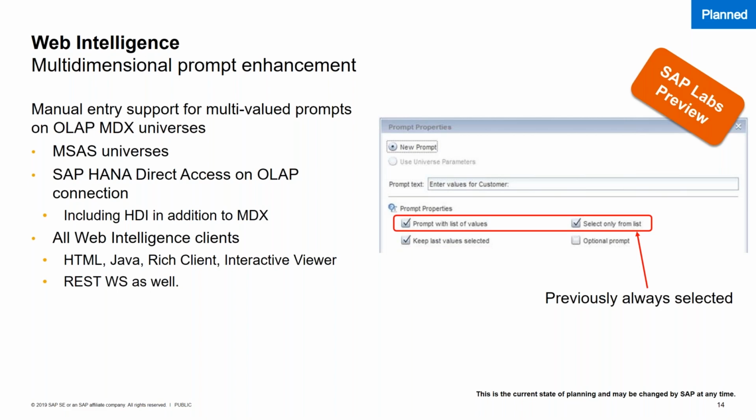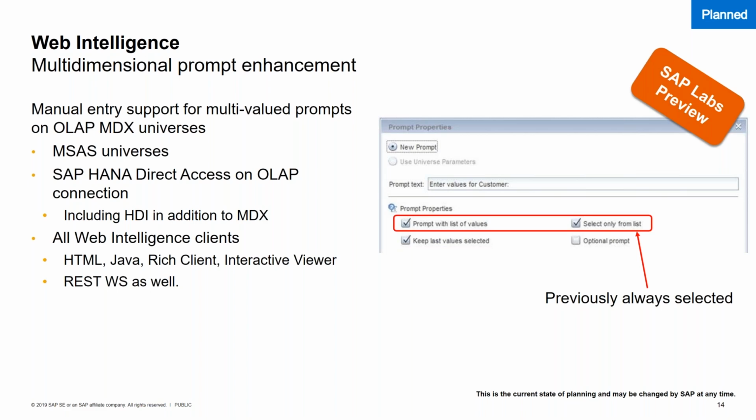You can't fill in the prompt with a specific string, meaning that the prompt based on a multidimensional dimension has to be filled with the list of values proposed by this dimension.